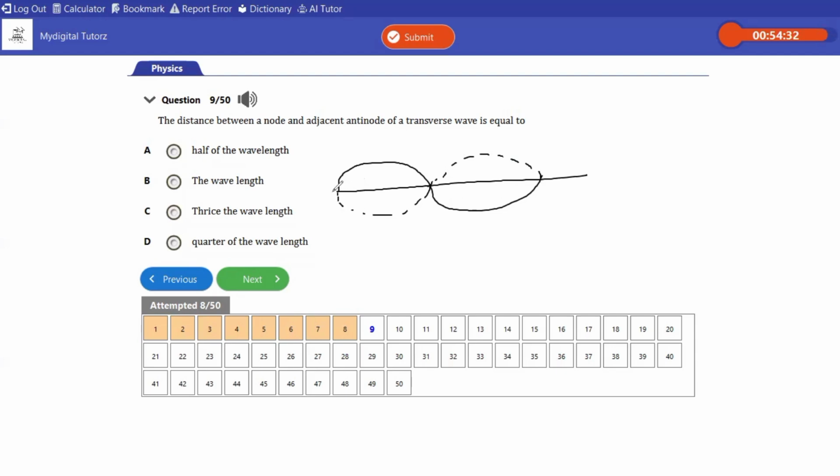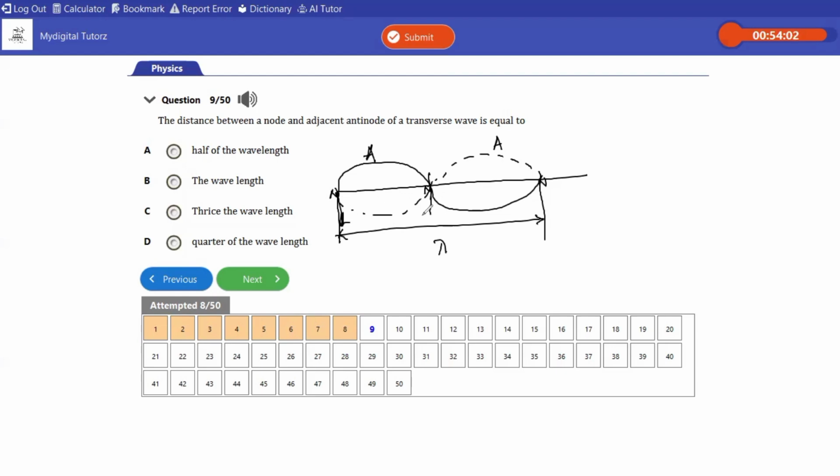So the distance here is node. Here is also a node, the point where there's no displacement, right? Here is also a node. While this place where you have maximum displacement is your antinode. Here is antinode. So the distance between this node to this node here is your full wavelength. So lambda. If this is lambda, then from here to here is half lambda, right?